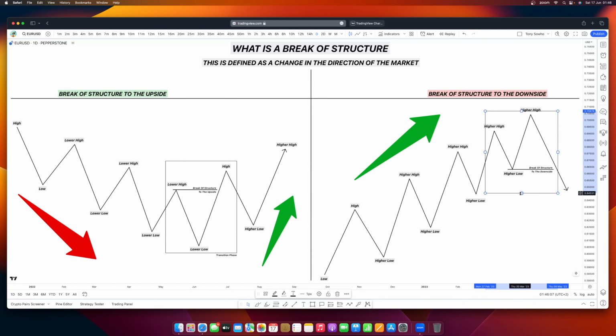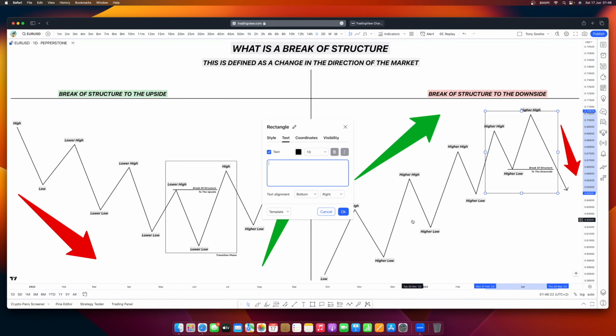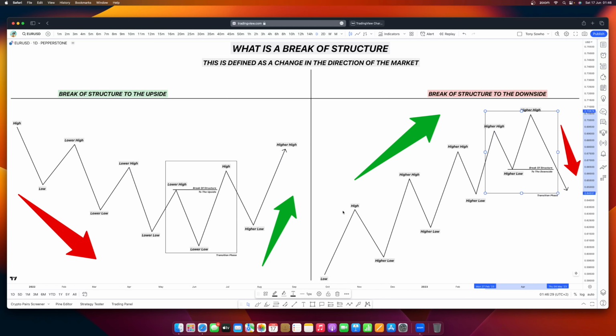So price was going up and now price has broken structure. Price is now coming all the way to the downside. So we can make this red. We're going to call this the transition phase.